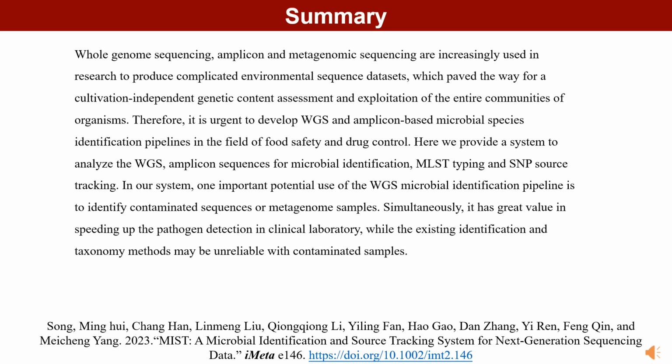Here, we developed a system to analyze the WGS and amplicon sequencing data for microbial identification, MLST typing, and SNP self-tracking. In our system, one important potential use of the WGS microbial identification pipeline is to identify contaminated sequences or metagenome samples.